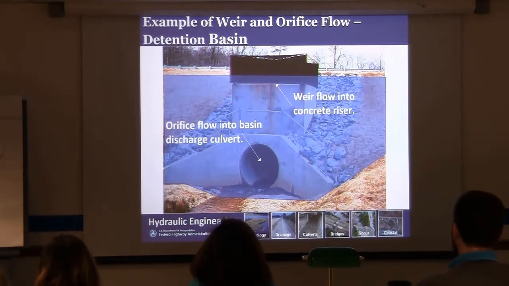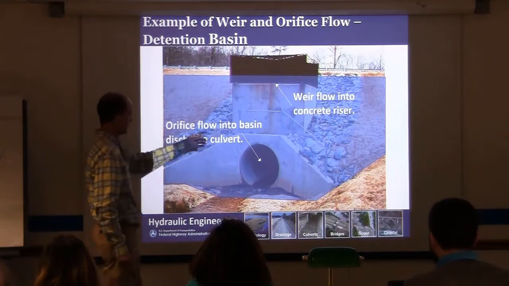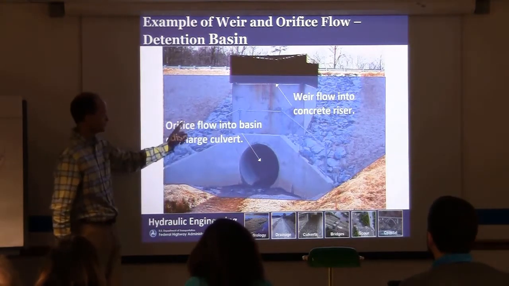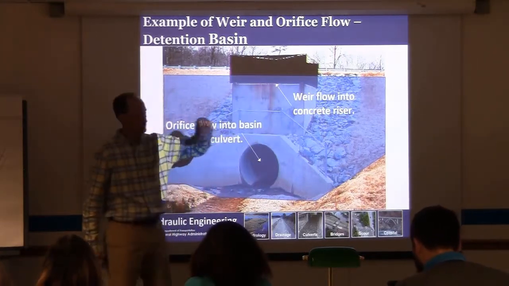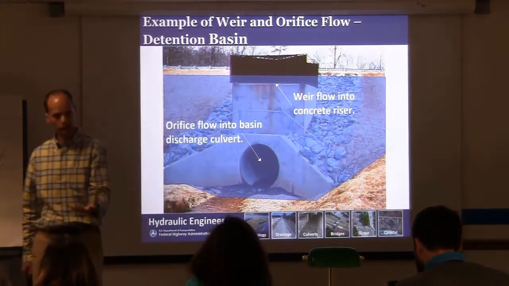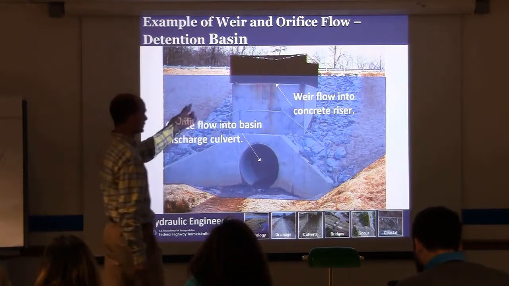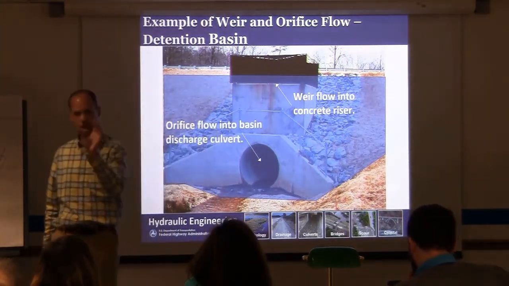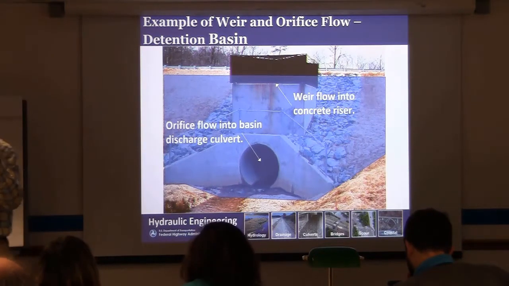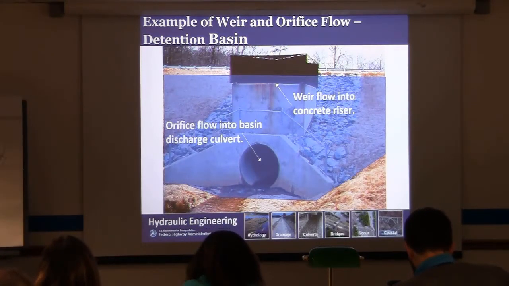And when it gets up here to the emergency spillway, the principal spillway is acting as an orifice, and this riser here is functioning as a not sharp-crested weir. If you had maybe a corrugated metal pipe up here, maybe that would be a sharp-crested weir. And the coefficients of discharge are just changed a little bit, okay? As well as the length.